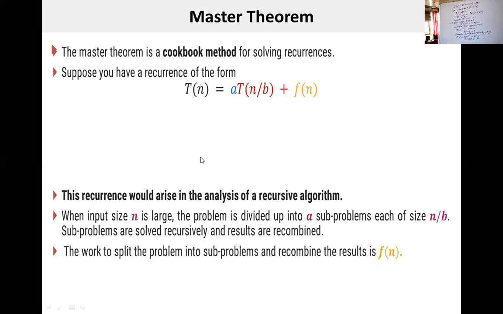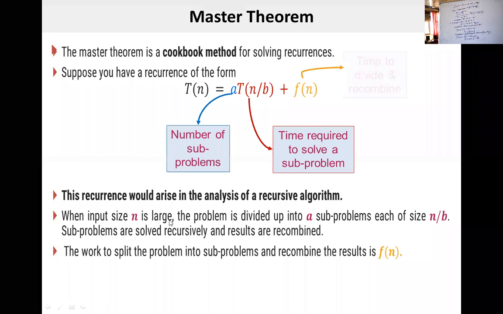If it was merge sort, we sorted the elements and merged them together. If it was quick sort, we arranged the pivot element and then performed the sorting on the left hand side and right hand side respectively. So a is the number of subproblems, T(n/b) is the time required to solve the subproblem, and the function f(n) is the time required to divide and recombine the problems. So this is what the master theorem says.